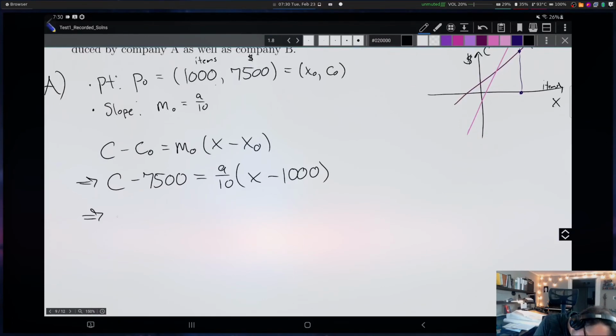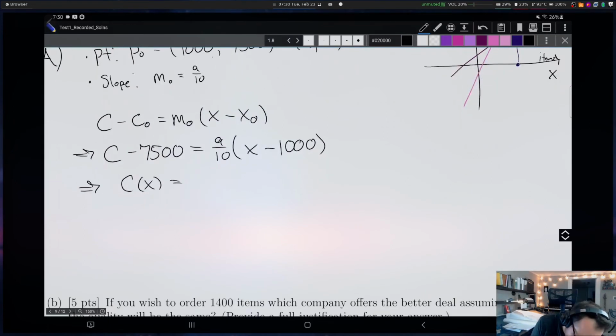Okay, and then there's the step we talked about, so I'll go ahead and add 7,500 to both sides, and then I'll think of c now as a function of x, so it's 9/10 x minus 1,000 plus 7,500. I'll leave it to you to sort out what this simplifies to, but you end up getting 9/10 x plus 6,600, as long as you're careful about the algebra there.